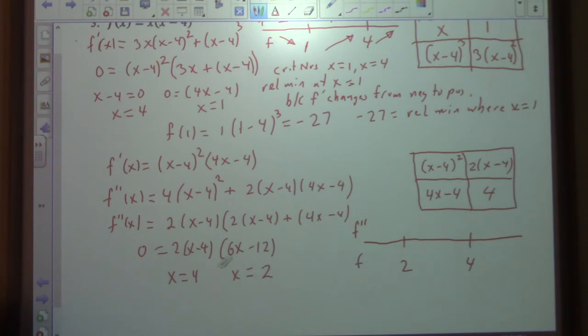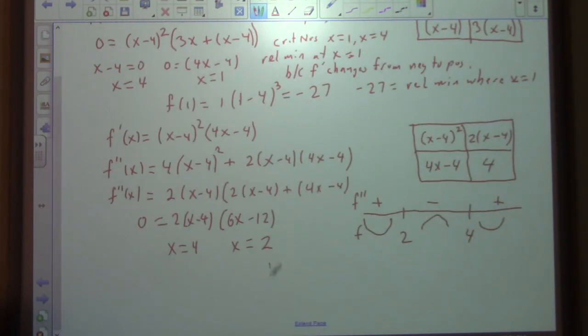If we go for less than 2, we have a what times a what? Negative times negative. And when we pick a number between 2 and 4, it's going to be a positive times a negative, right? And for greater than 4, we have positive times positive. So we're looking like that.